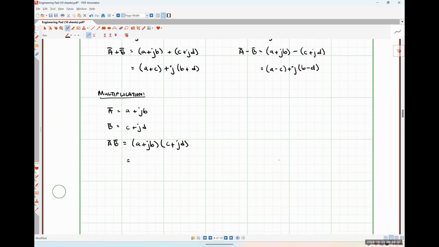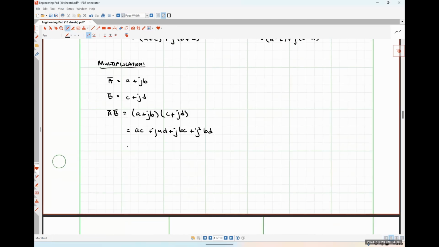And so I'm just going to FOIL this out. So that's going to look like ac plus jad plus jbc, excuse me, plus j squared bd. What's j squared? Negative 1, right? So if j is the square root of negative 1, j squared is just negative 1.